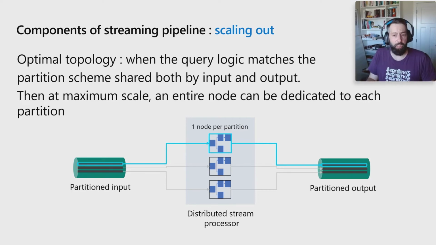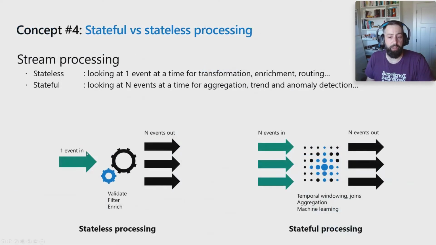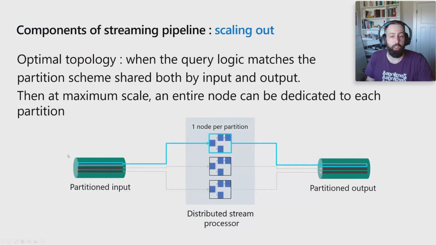Same concept here. If I know that my Event Hub is partitioned, then I'm going to be able to leverage that to parallelize my processing. Okay. But the thing is, who needs to know about that?